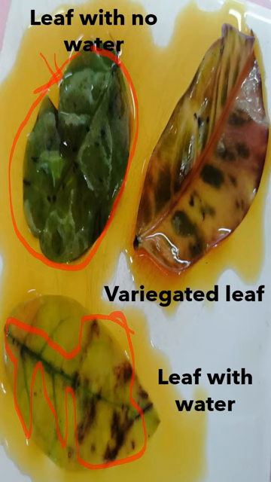Okay, and this one is a variegated leaf. As you can see, there are dark blue spots at several places. Why does this occur? Because this place is a green part.